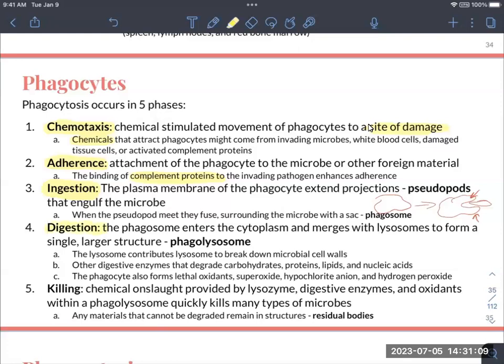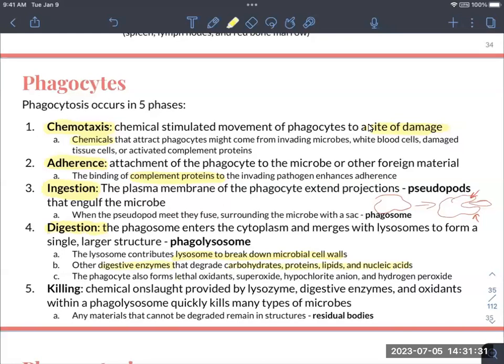Digestion. Well, they're going to break that down. So they can use their lysosomes to break the cell wall of whatever microbe. They have digesting enzymes because they want to break down carbohydrates, proteins, lipids. They want to break all of it down.